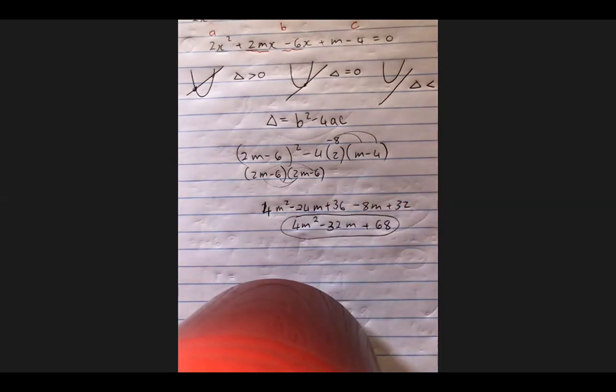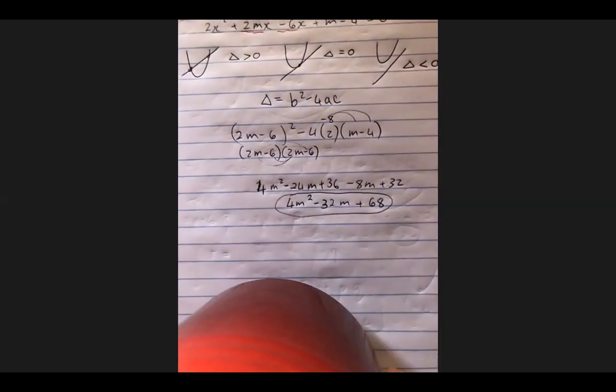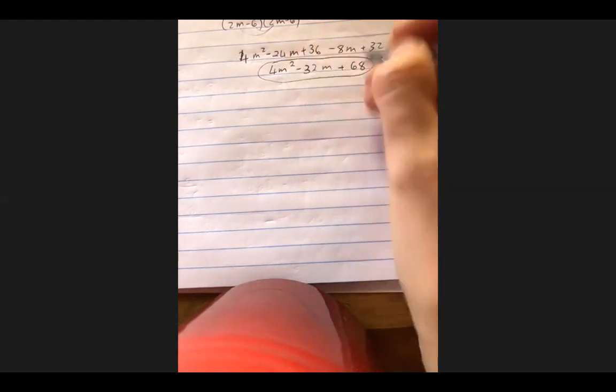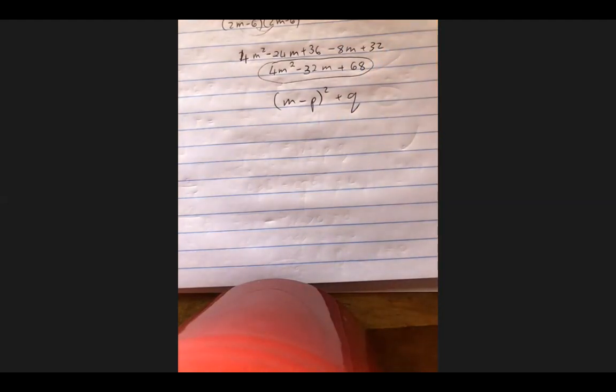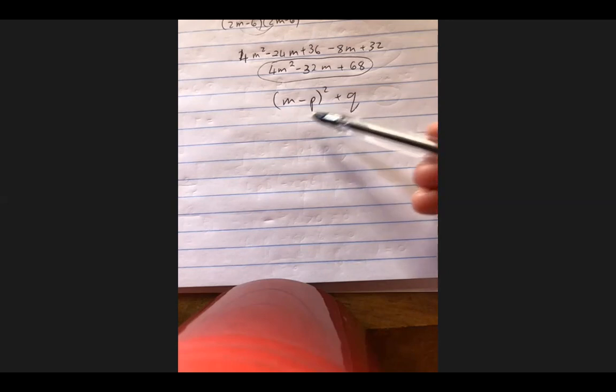So if we're trying to prove that this is always positive, let us quickly have a look at maybe completing the square. Now, completing the square puts this equation into this form. And once you do that, you basically prove that it will always be positive because a square bracket is always positive.